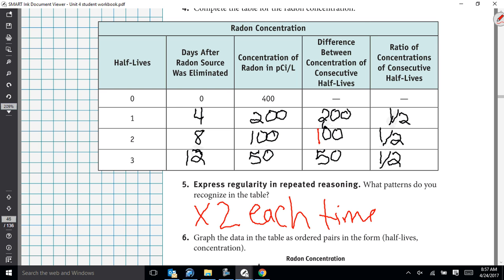Wait, times 2 or? You want me to write both ways? But like, what do you get year to year? What are you doing? Divide. Why did I do that? My life is great today.